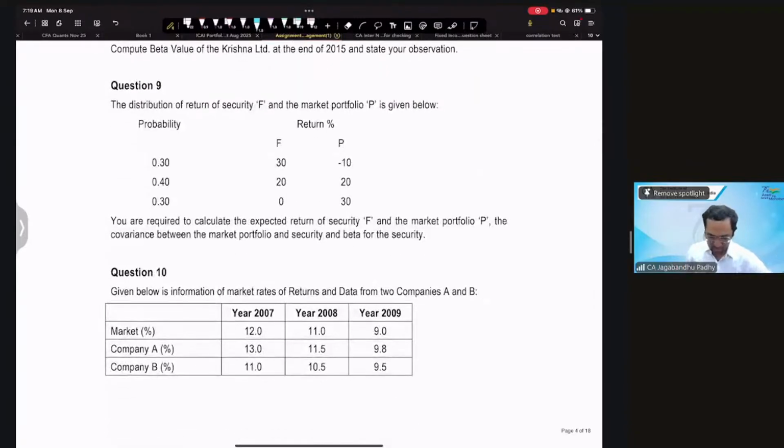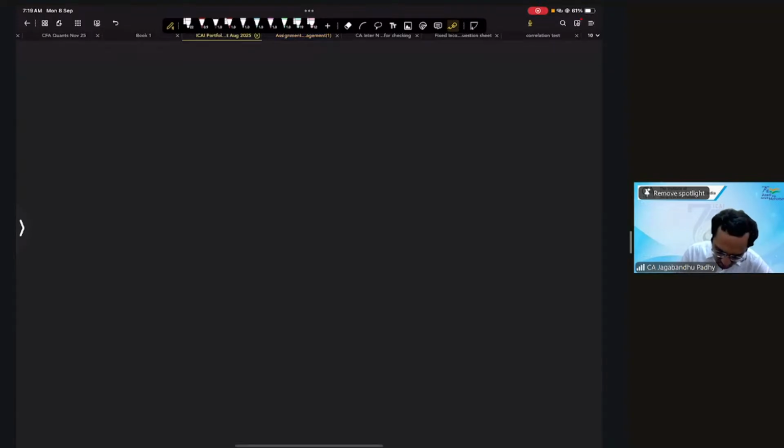Question number 9, guys. We have to compute the expected return from security F and also the market portfolio. Covariance between market portfolio and security, and the beta for the security also needs to be computed.